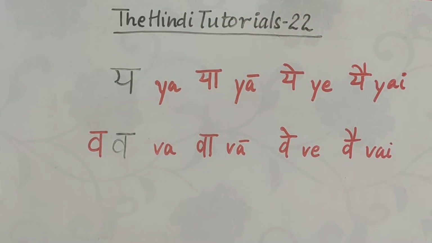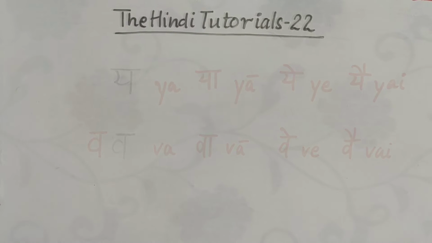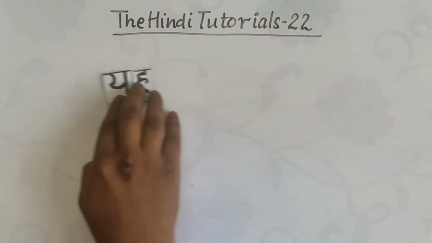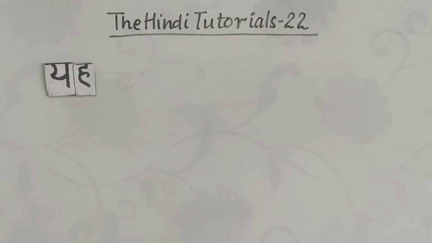Now I'm going to tell you some words that we can make with y and v. The words that we have already learned and using which we have already made some sentences. Now the simplest words that we can make with ya and va are yah and vah.